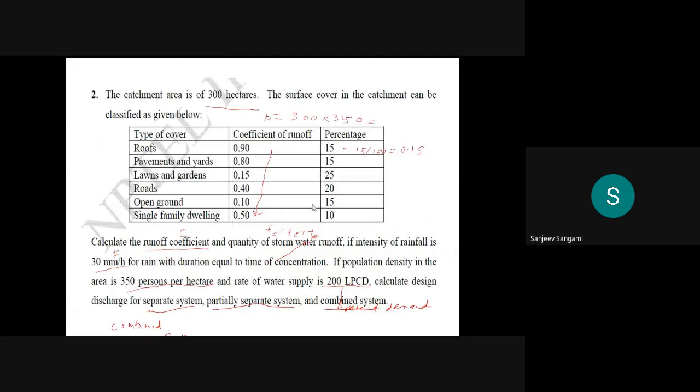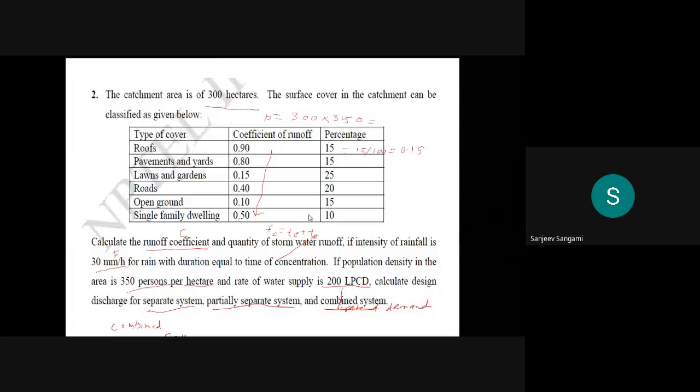In yesterday's class we were discussing one problem. In that problem, we discussed how to solve it for a separate system, a partially separate system, and a combined system.